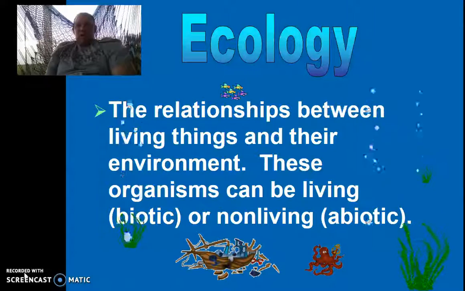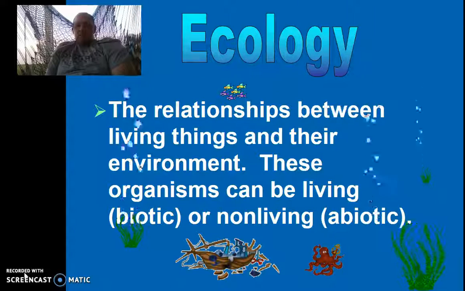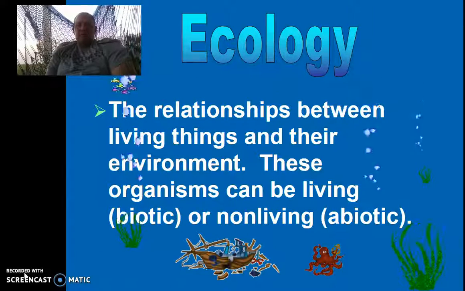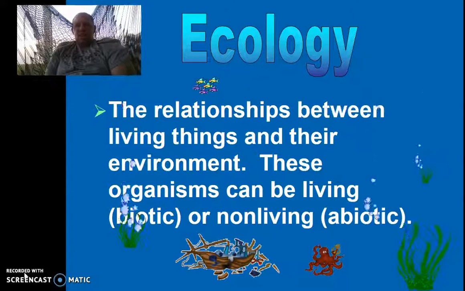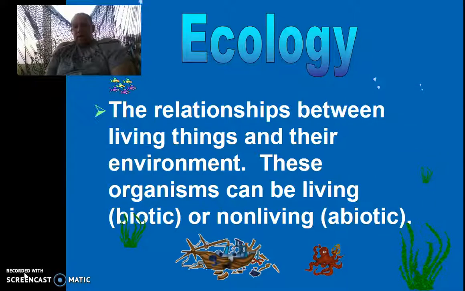should cover everything that we talked about, remember, in the living, non-living, dead lab. So biotic things would be plants, animals, algae, bacteria. Anything that has the ability to move, grow, reproduce, and use energy would be biotic.